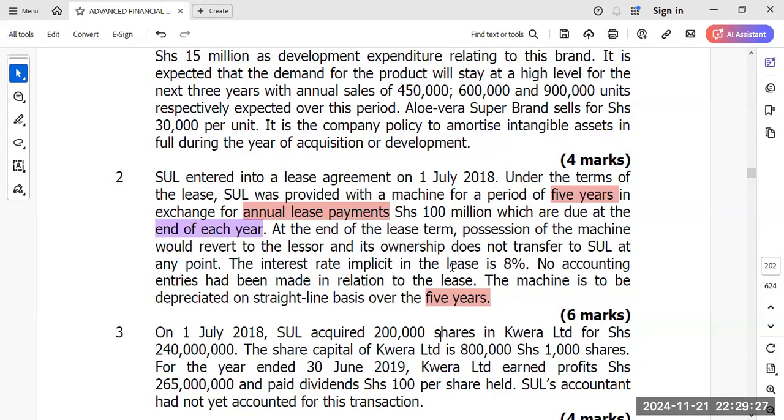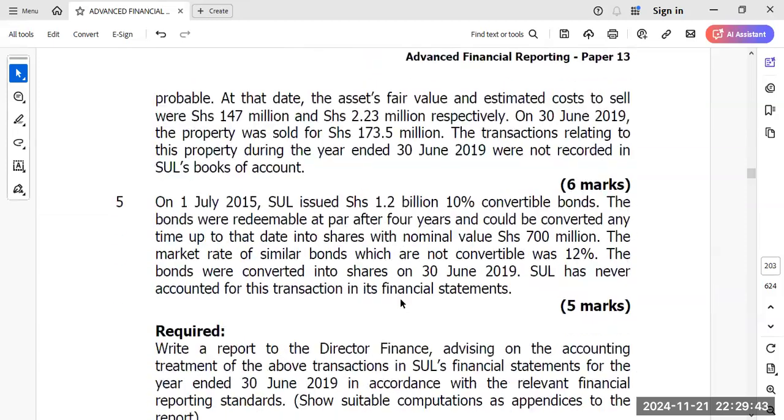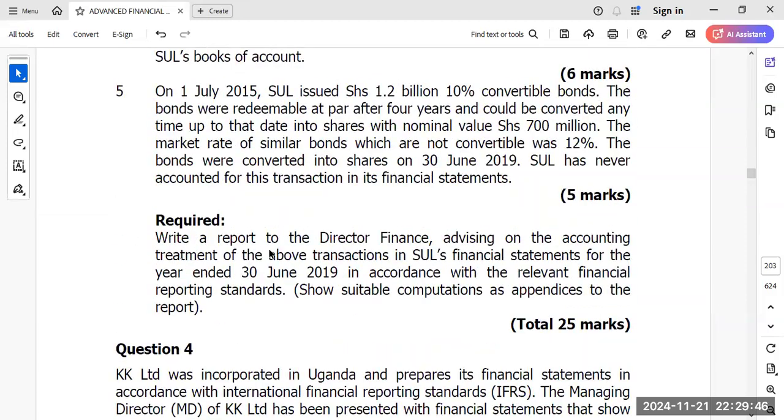So how do you start? Start by computing the lease liability. No, we are required to write a report to the Director of Finance, advising on the accounting treatment of the above transactions in SUL's financial statement for the year ended 30th June 2019 in accordance with relevant standards.